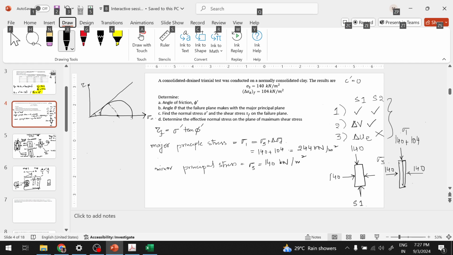If you take this phi, let's write sine phi will be equal to the radius of the Mohr circle over the distance to the center.